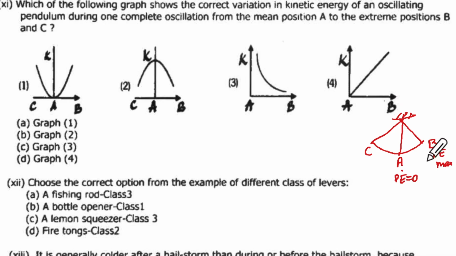Kinetic energy here will be maximum and here kinetic energy will be 0. Understanding? So it is coming from kinetic energy maximum to kinetic energy 0, and then it's going to that side.